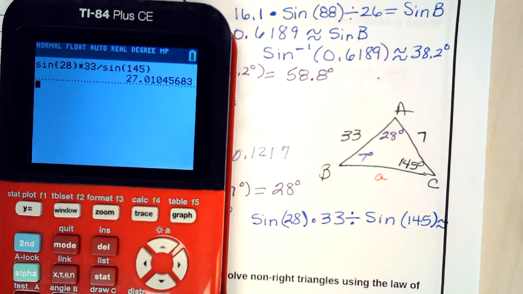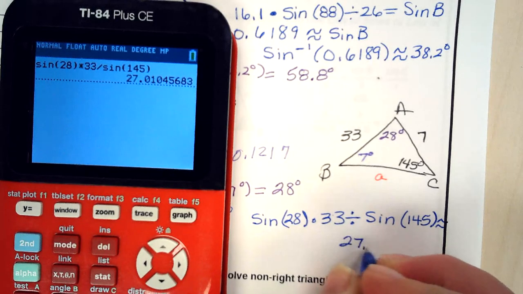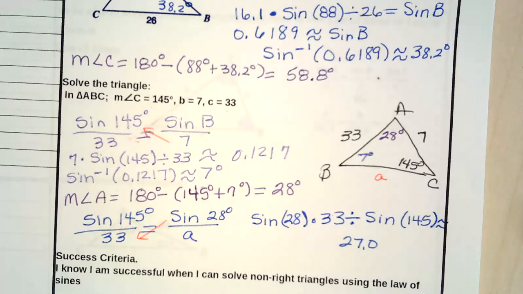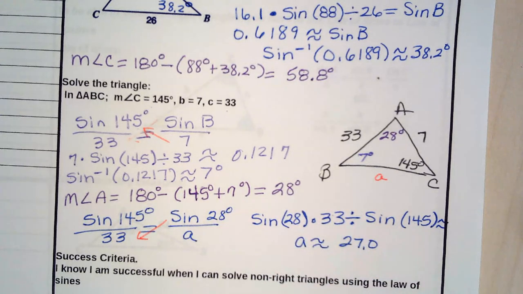And you end up with about 27.0. So A is approximately 27.0.